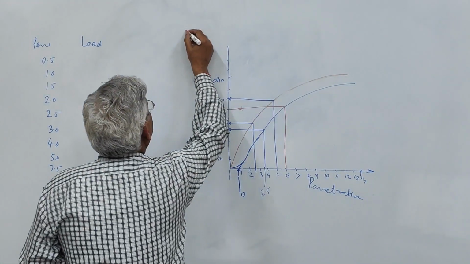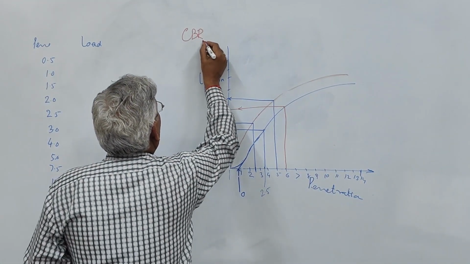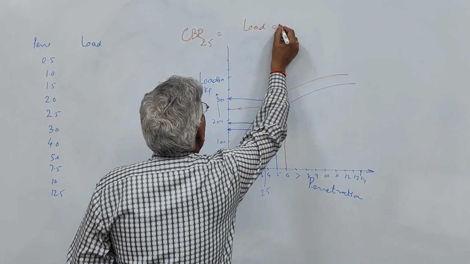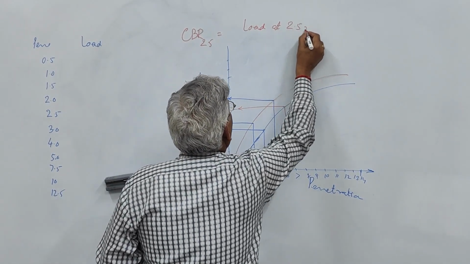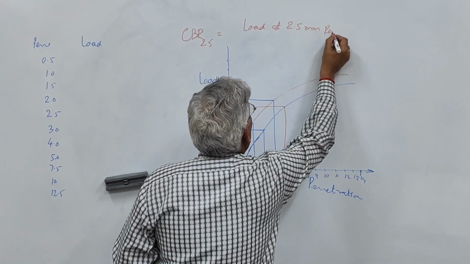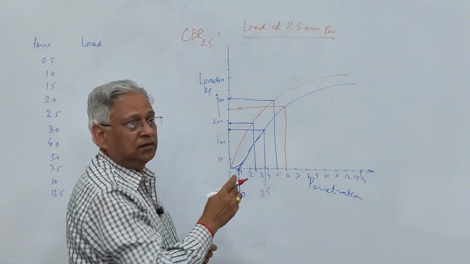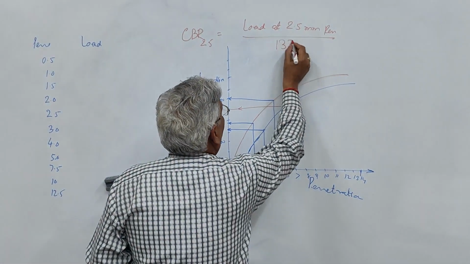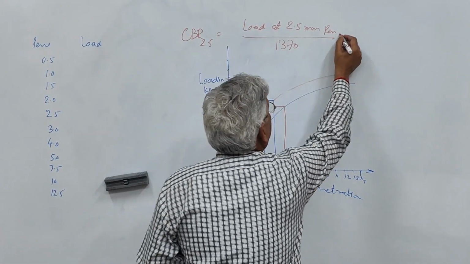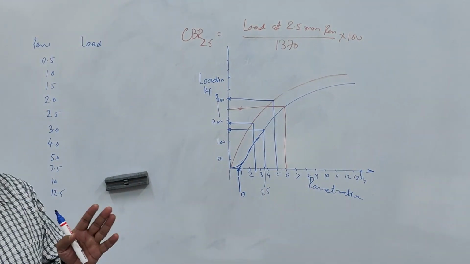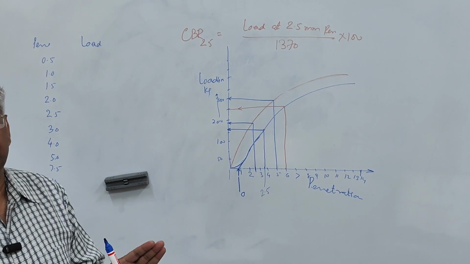CBR is estimated at 2.5 millimeter penetration: load at 2.5 millimeter penetration divided by standard load, and standard load is 1370 kg, multiplied by 100. This is the CBR value, CBR at 2.5 millimeter penetration.